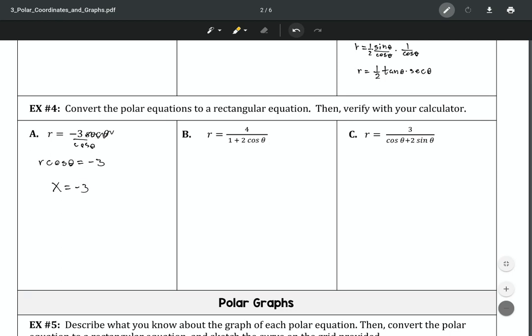On the next one, I'm going to multiply times the denominator. And again, this is obviously not the only way to do it, but this is just the way that I'm choosing to do it. Now I'm going to distribute.